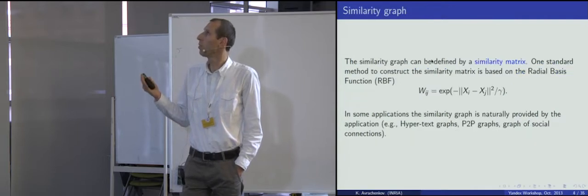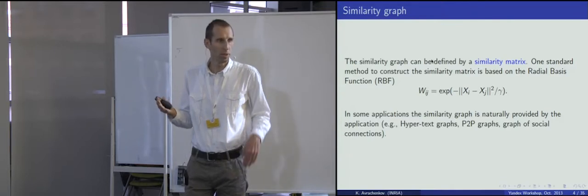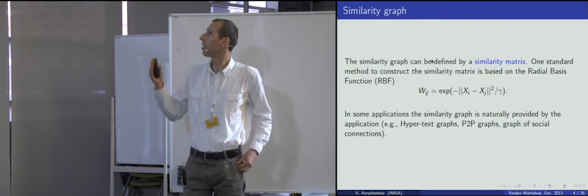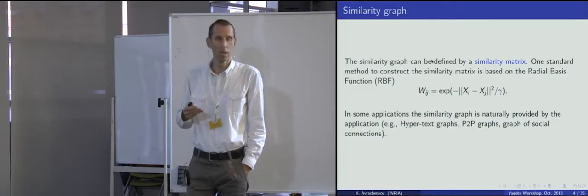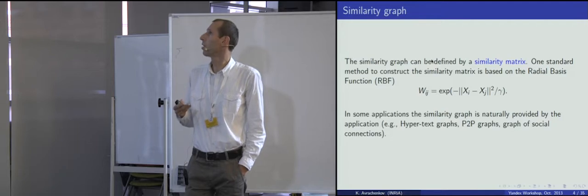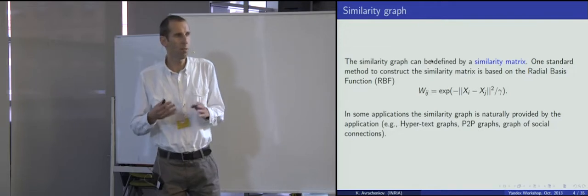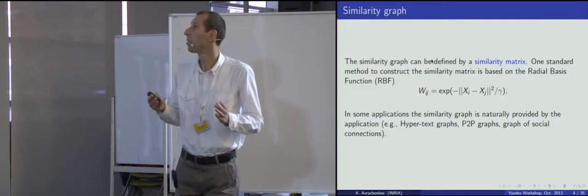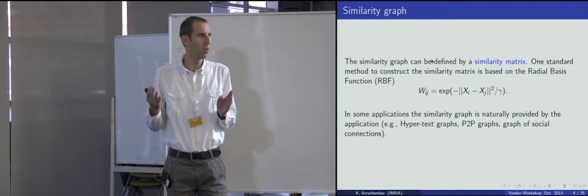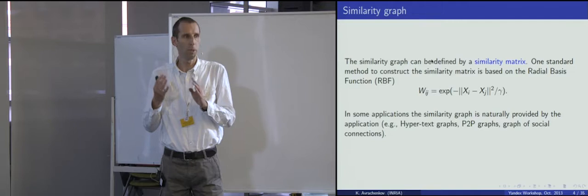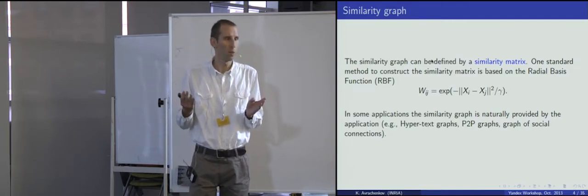So what we do, we, for example, take a norm between two data points, and then take an exponent with some weight. This method is called the radial basis function method. So this way we have a weighted graph. Each node in this graph corresponds to a data point, and a weight on this graph corresponds to some degree of similarity between data points.